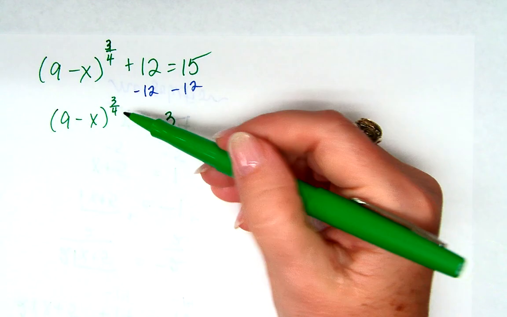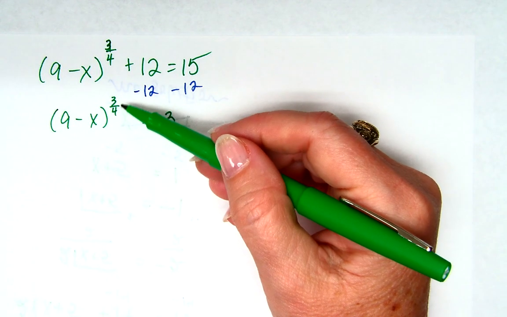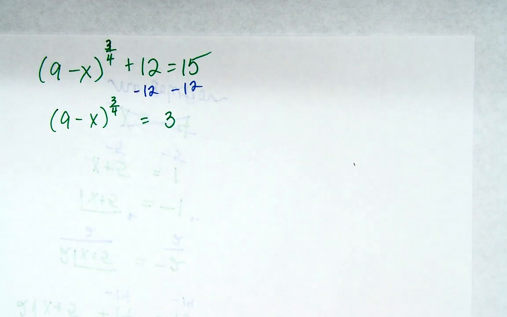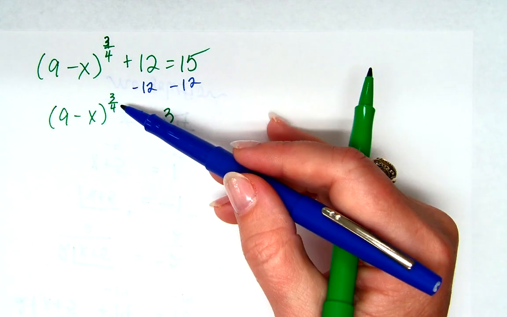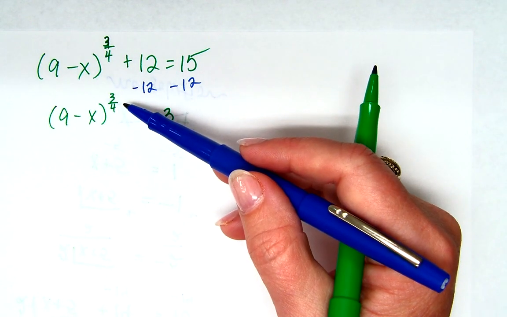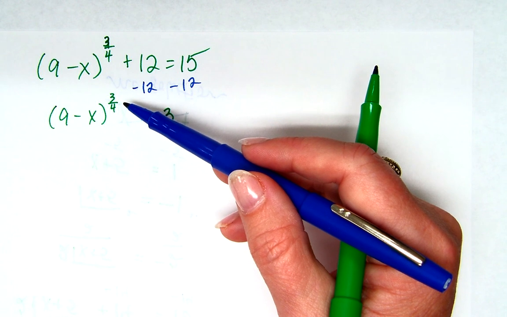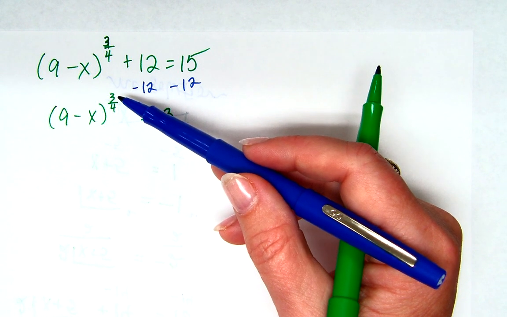How do I get rid of this exponent? Raise it to the what? 4/3. How is 4/3 related to 3/4?